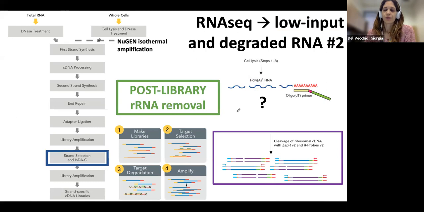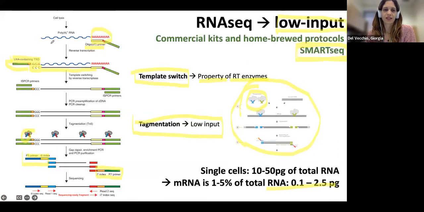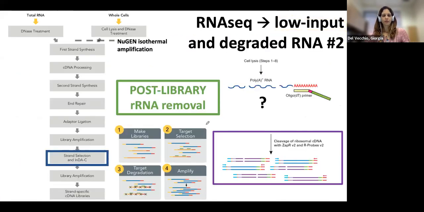So let's say now that we are dealing with low input RNA and it is not even good quality. The approach for Smart-Seq is still to use the poly-A. So now we have low input RNA and low quality. As we saw for a regular amount of RNA, the only approach we have is the ribosomal RNA removal.